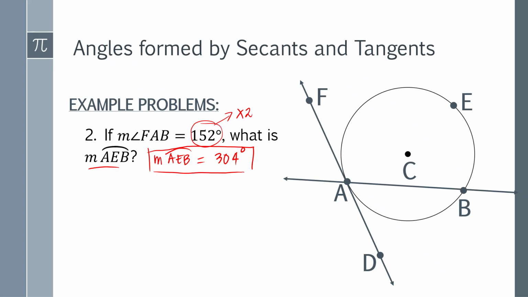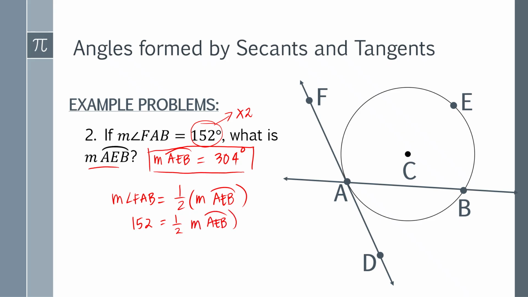If you want to prove this, then there is a proof. Going back to the formula, the measure of angle FAB is equal to 1/2 of the measure of arc AEB.